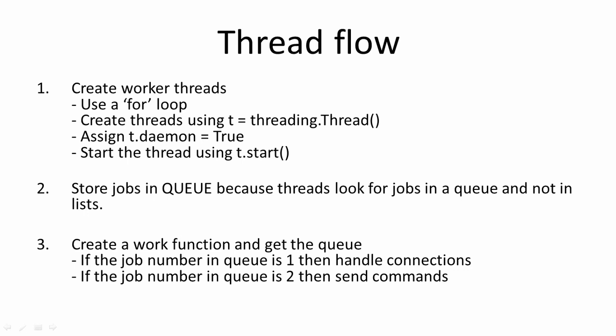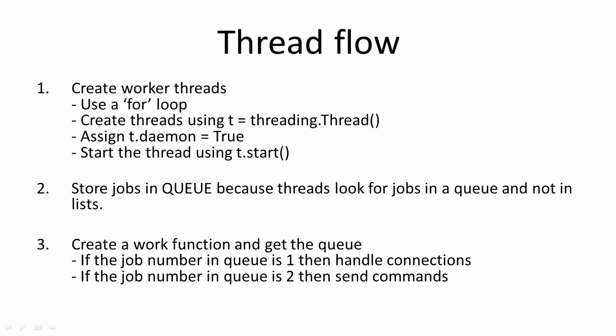Now, the second function is going to store jobs in a queue. If you remember, at the starting, we created a variable called job number and it is storing two elements in a list. We need to copy both of these elements to the queue. We are doing this because threads look for jobs in a queue and not in a list. The list format was only there so you could understand the concept of threads better.